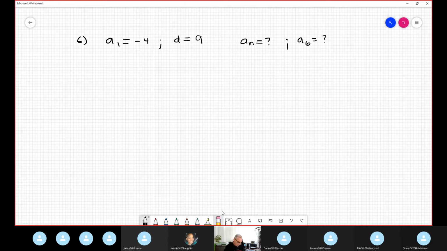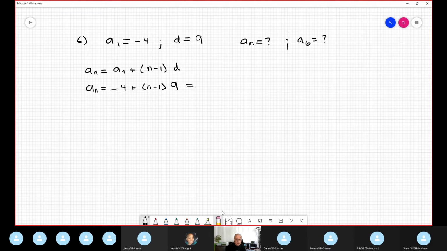Okay. The only thing I need to remember is the formula. The formula for A sub n in general is A sub n equals A sub 1 plus n minus 1 times d. We have one specific example, and everything is given: A1 is negative 4, and d is 9. The rest is to put it in a more elegant way.